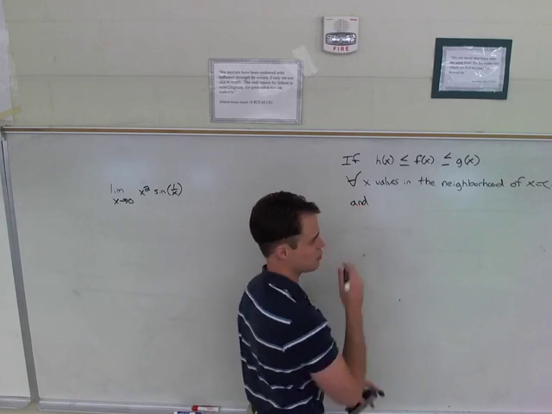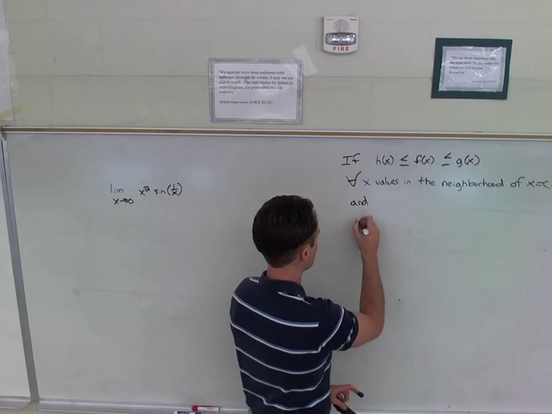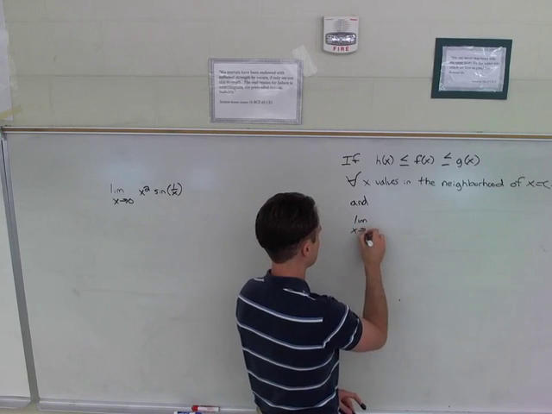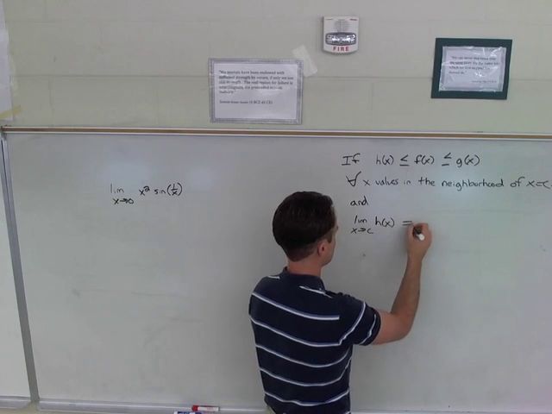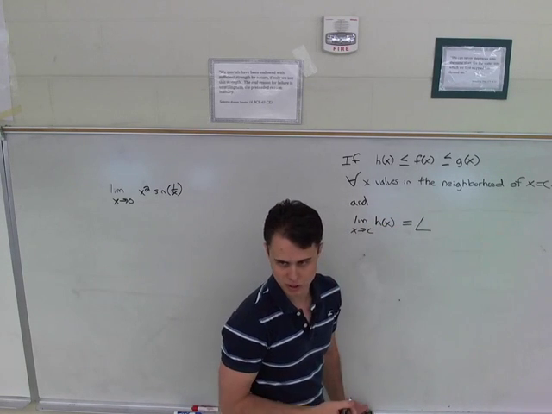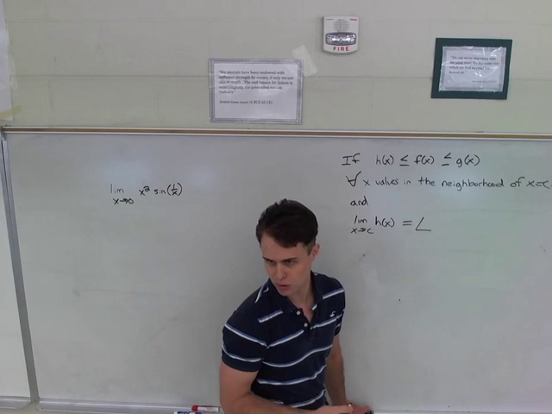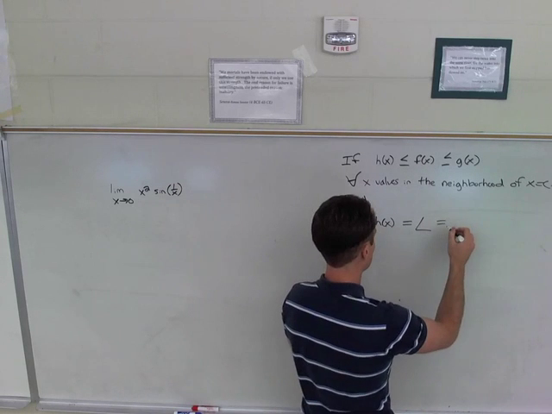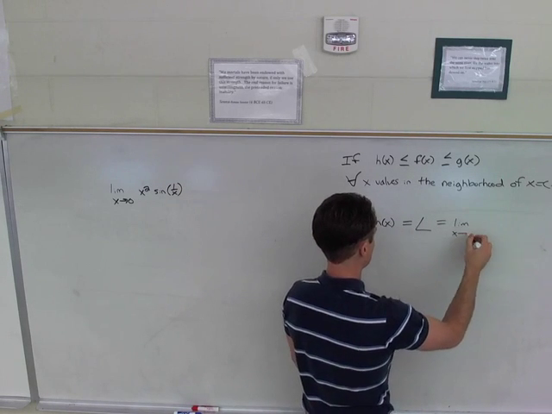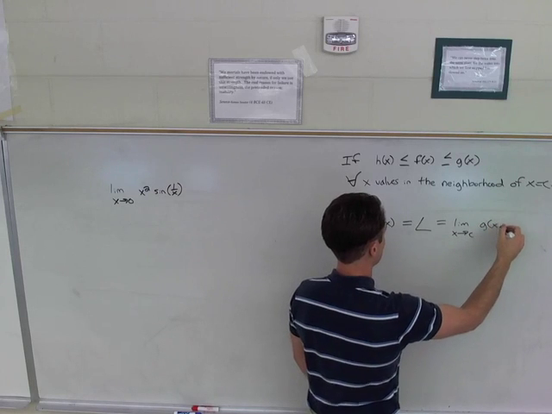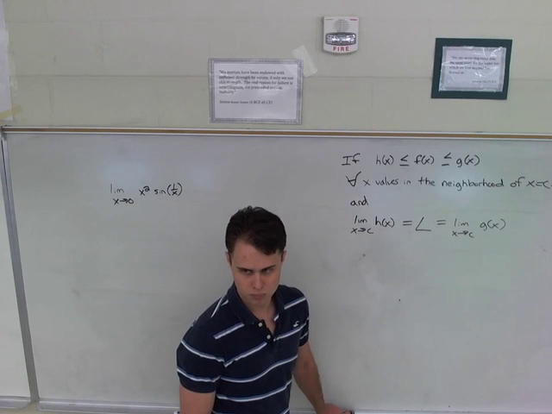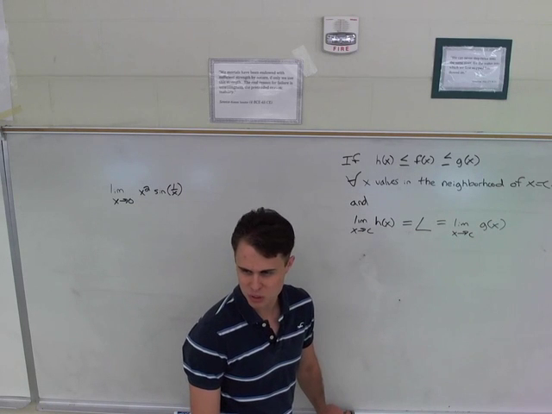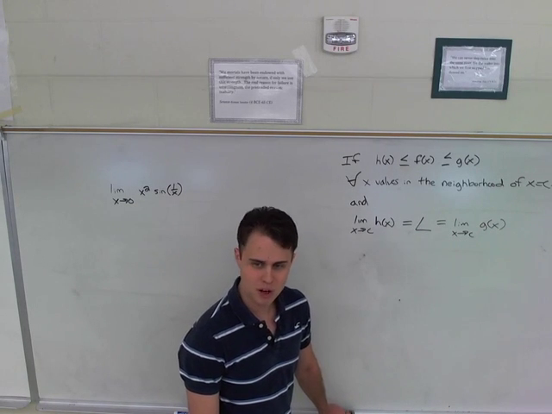And so we need more stuff, more hypotheses, and the limit as x approaches that specific c of h is something, so we get a number like 3 or 2.3 or something like that. And the other limit for the thing that is on top is also that same thing. This seems like a very specialized circumstance, right? But it turns out you can often do this.